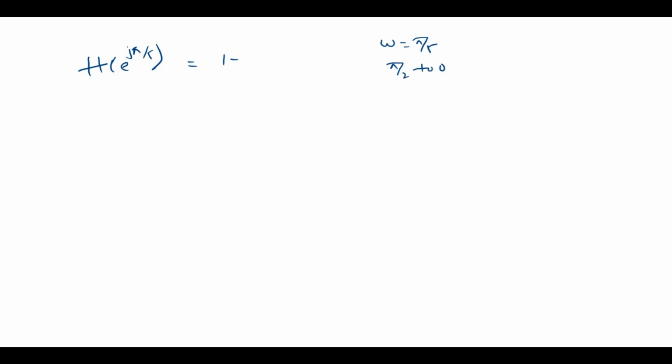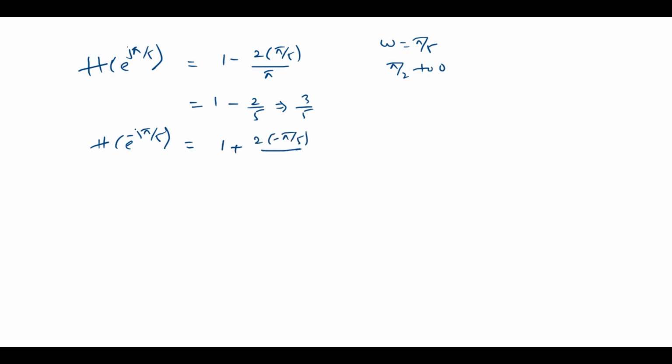So 1 minus 2 into omega by pi, so it is nothing but 1 minus 2 by 5, which is 3 by 5. Similarly, you will get H of e power minus j pi by 5 also, that is 1 plus 2 into minus pi by 5 by pi. So its value is again 3 by 5.